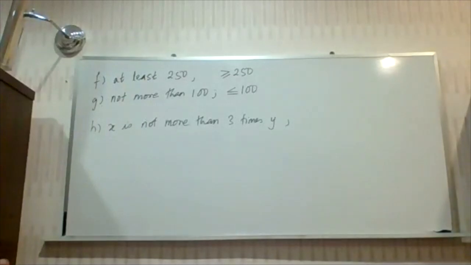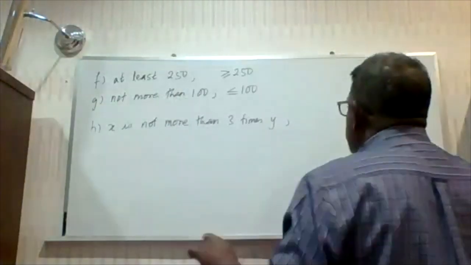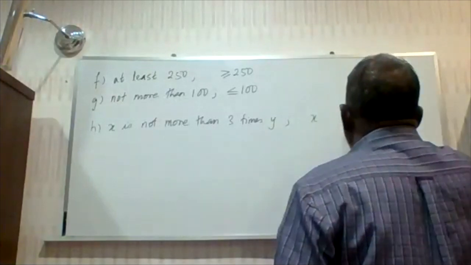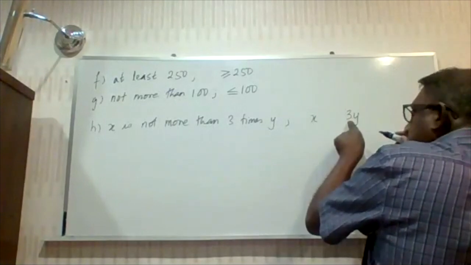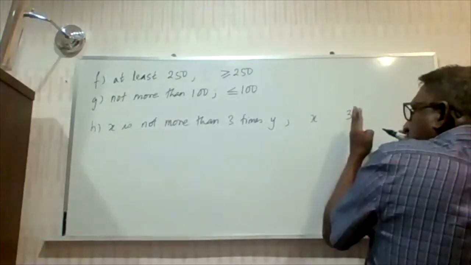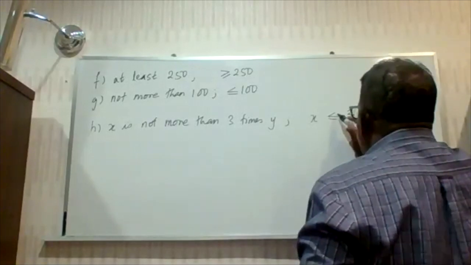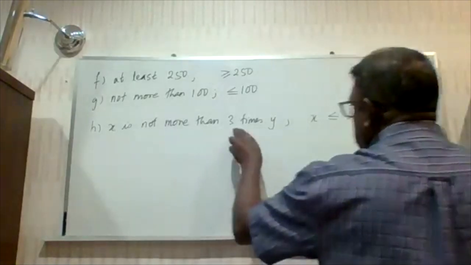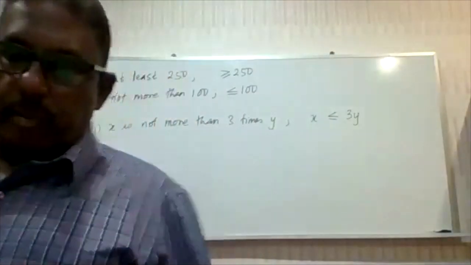So you get 3Y. But the condition is not more than 3 times. So X is on one side, 3Y on the other, and X cannot exceed 3 times Y. That's the maximum value, so it has to be less than or equal to. Not more than 3 times means maximum 3 times, or less, cannot be more.